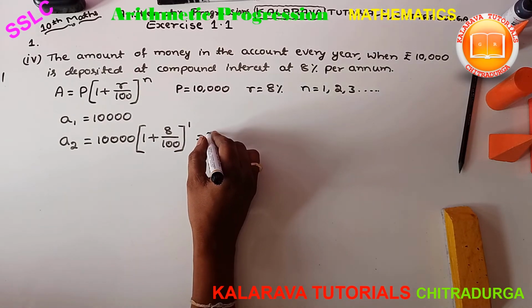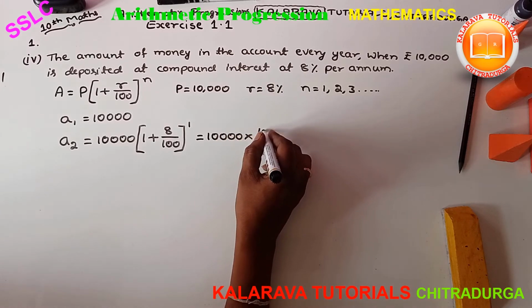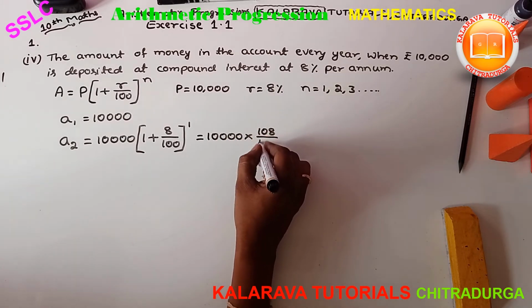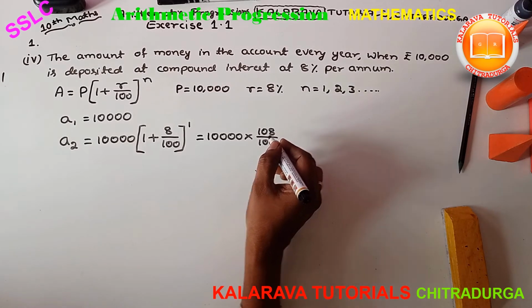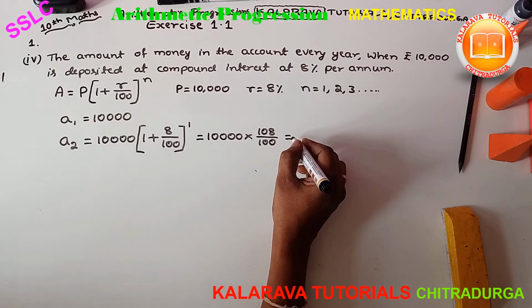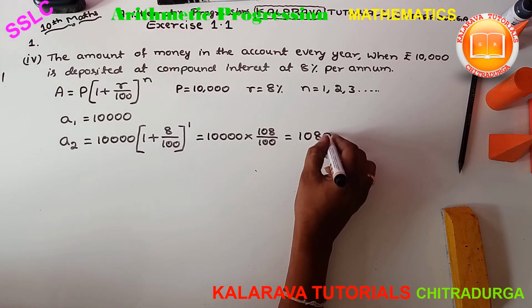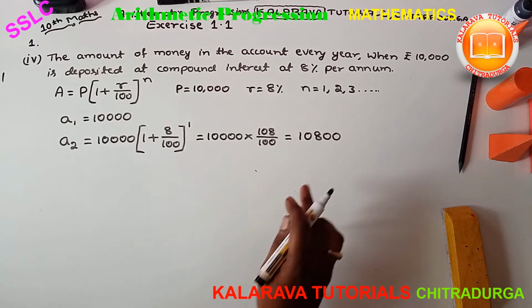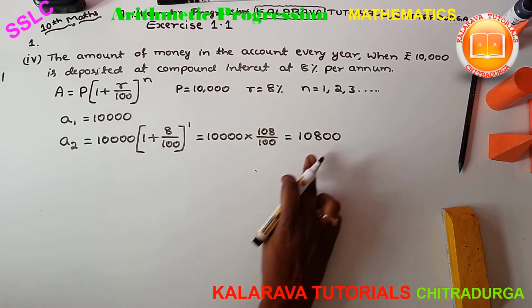Simplifying, we get 10,000 into 108 divided by 100, which gives rupees 10,800. This is the amount at the end of the first year.